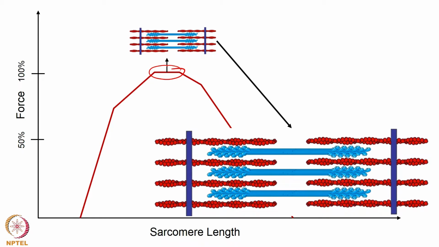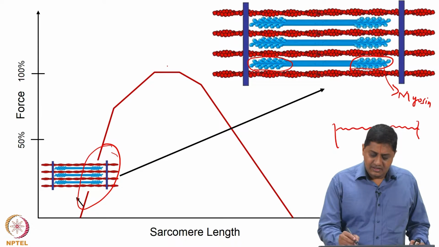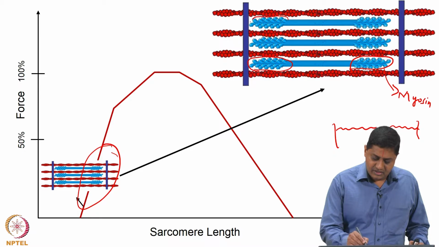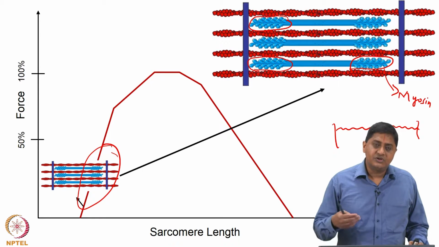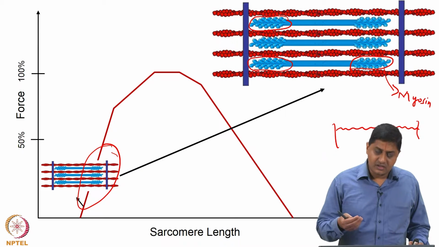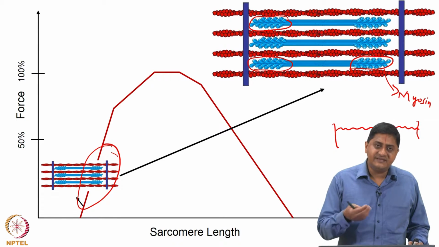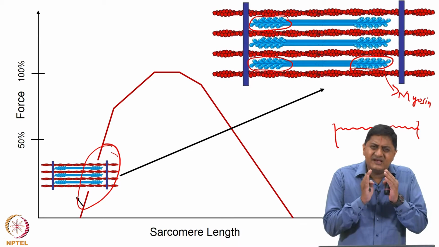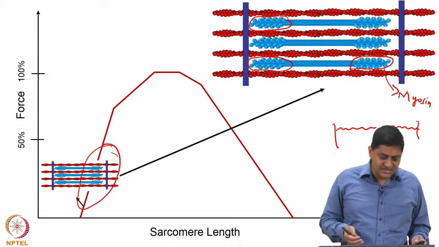For us to have maximum force, you have to have an optimum length at which myosin is able to interact with the largest number of actin filaments. But not just that, at shorter lengths the amount of effort that myosin will have to put in to recock, attach and detach is higher, because there is very little space available. Usually it also takes more time.